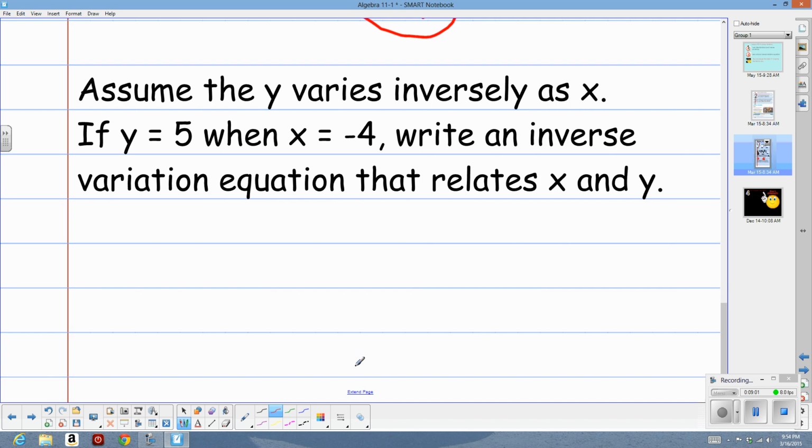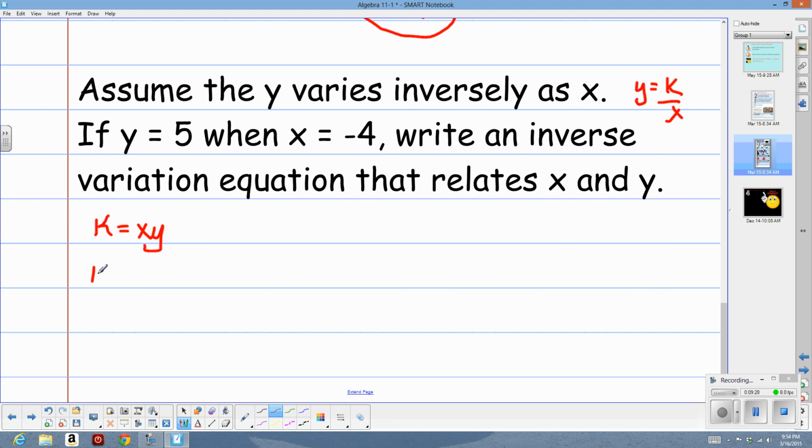In our next example, it says assume that y varies inversely as x. If y equals 5 when x equals negative 4, write an inverse variation equation that relates x and y. Again, inverse variation is y equals k divided by x, which means k is equal to x times y.